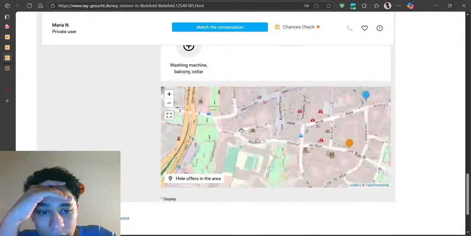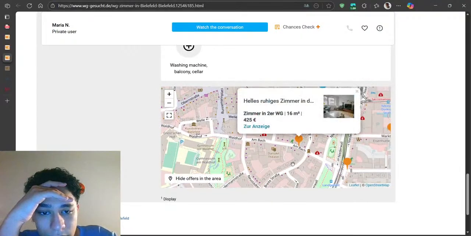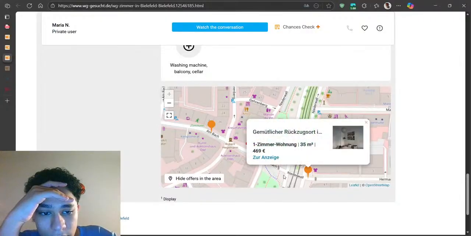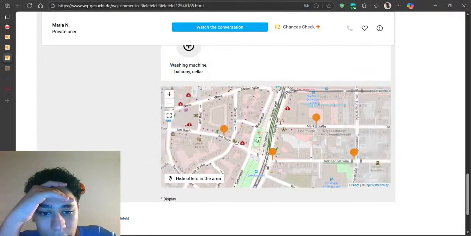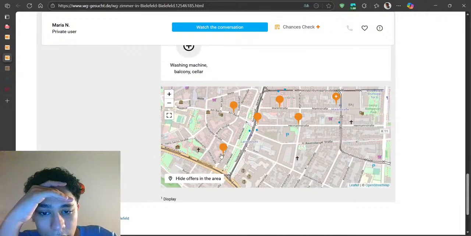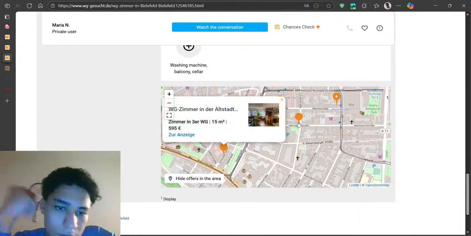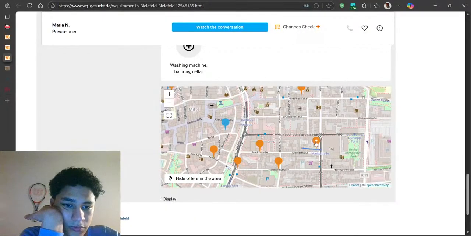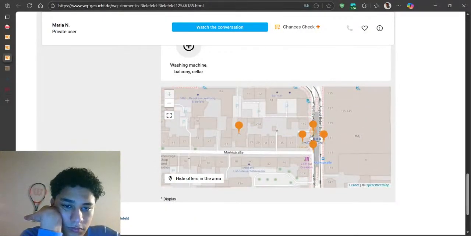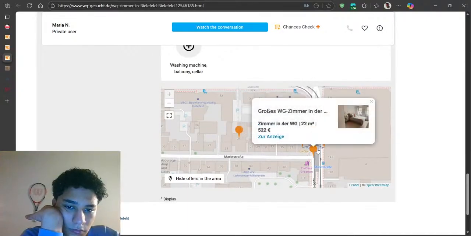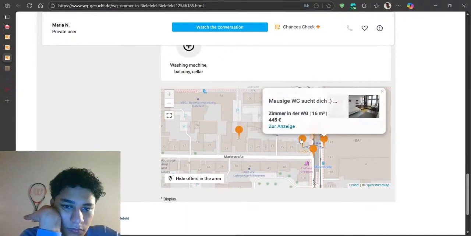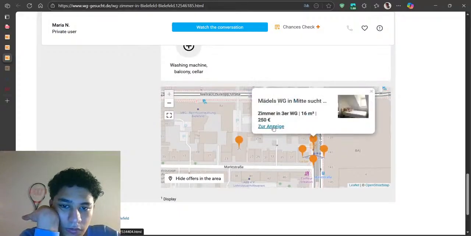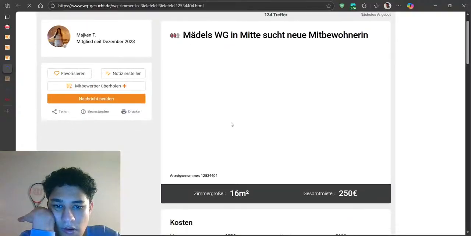What else is there? That's 425. Too expensive, I'm not gonna lie. This location is good. It's not the best, but it's good. Meh. $250. When?